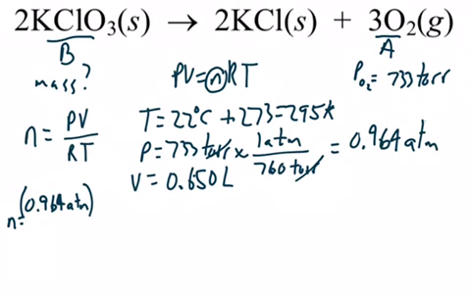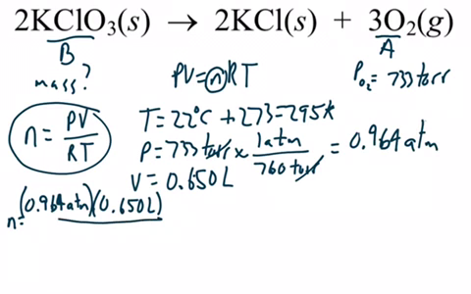And then we got our volume. All I'm doing is substituting it into this equation here, which is 0.650 liters. And then remember R is a constant, 0.0821 liter atmospheres over, let me fix that, lack of space over here. There we go.